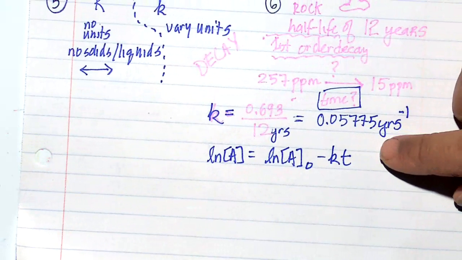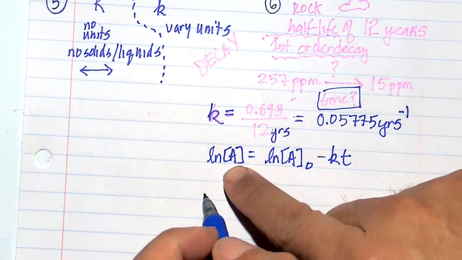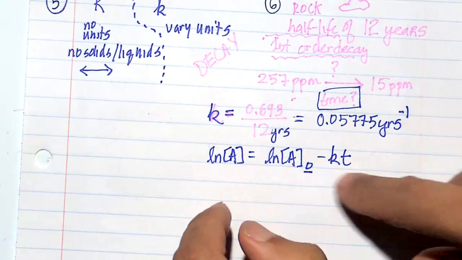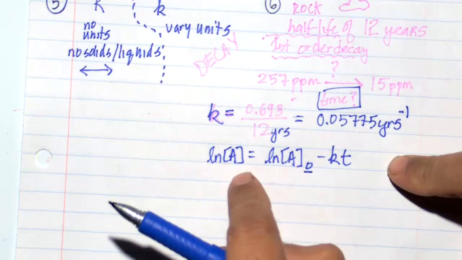So no need to memorize this as long as you bring your rate sheet with you to the test. By the way, this is initial, and that's final. A lot of people will mix up the numbers.